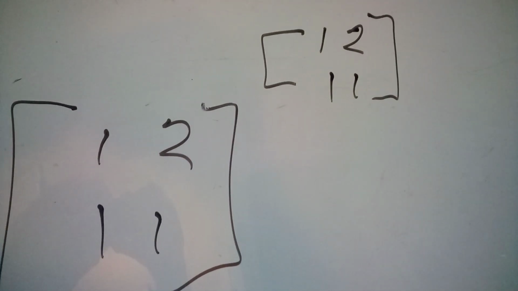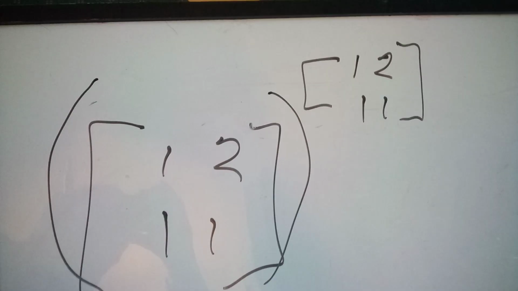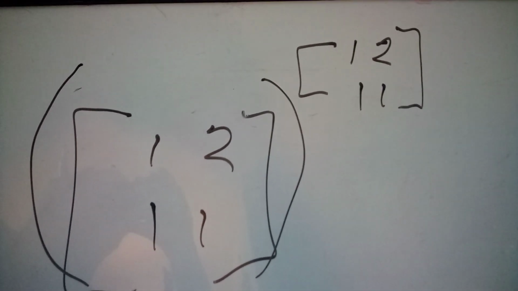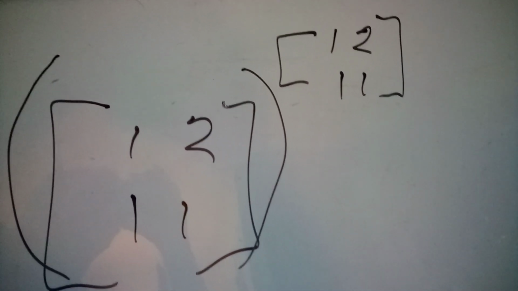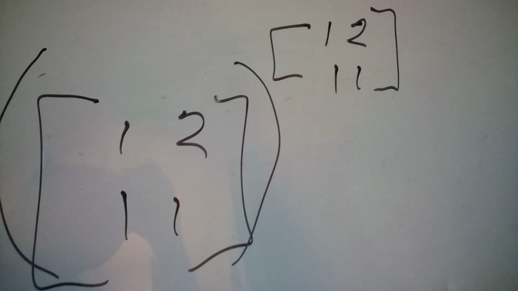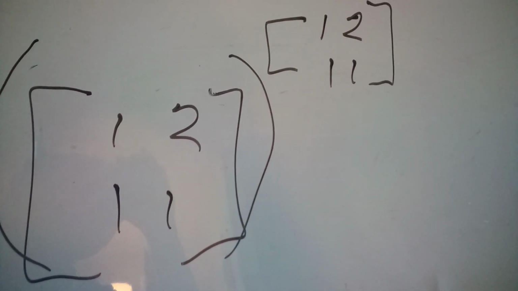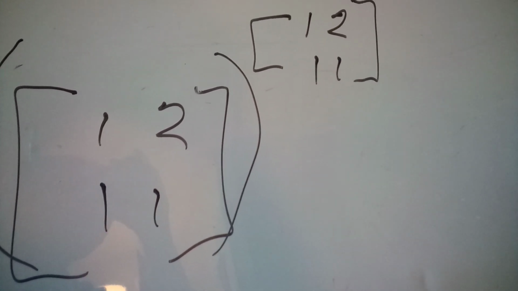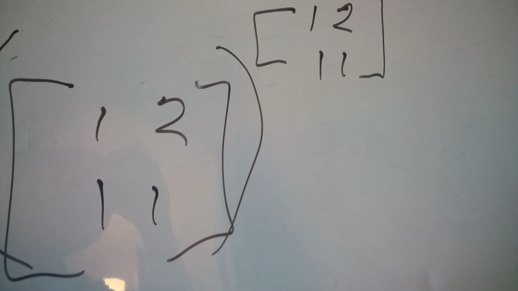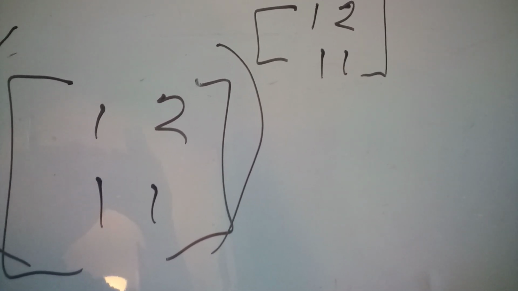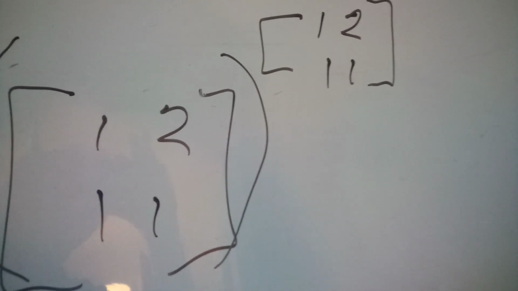Now, there are 2 ways we can go with this. If we put this in parentheses for clarity, then we are raising the matrix 1, 2, 1, 1 to the exponent 1, 2, 1, 1. In which case, what we're doing is raising the matrix to each power, or the individual elements within the exponent matrix.